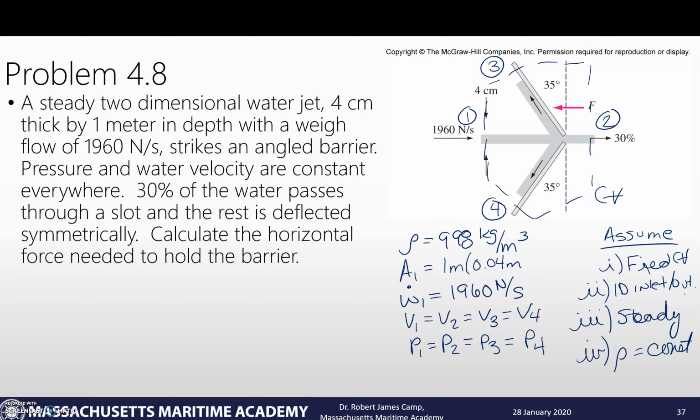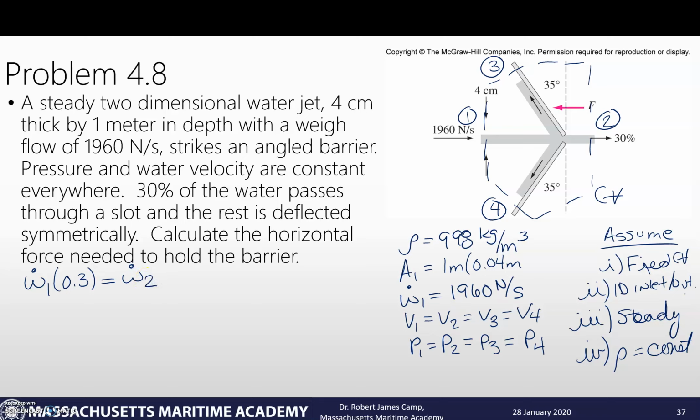If 30% of the water passes through the slot, then I've got a weight flow rate coming in at 1, which means I have 30% of it at 2. Let's write this another way. I take the weight flow rate at 1 and multiply it by 30%, and that gives me the weight flow rate at 2.